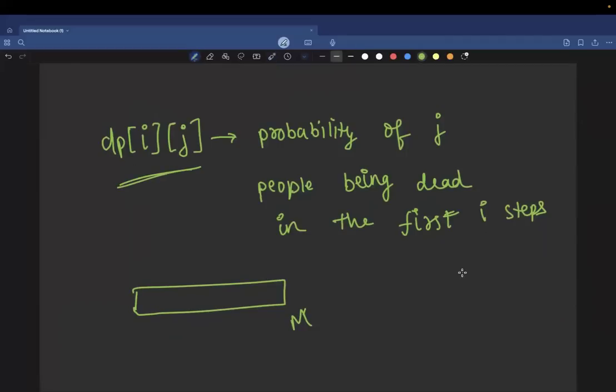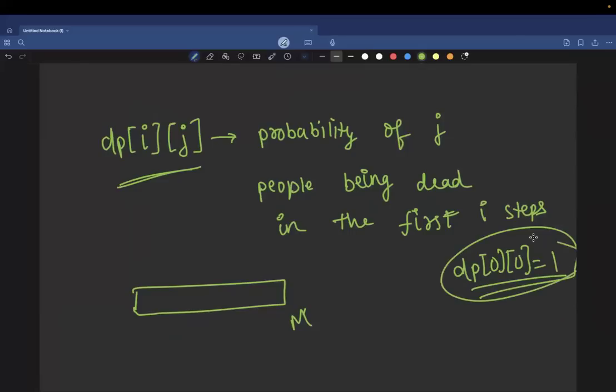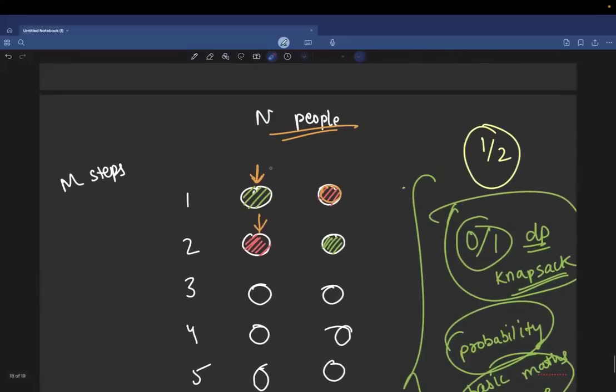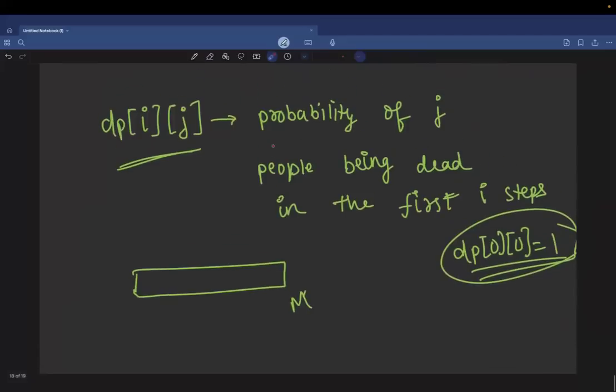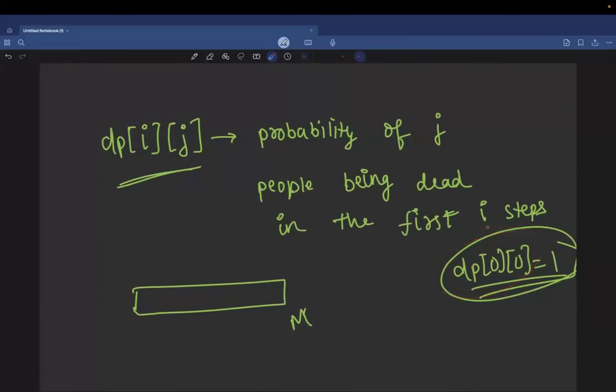So this can be a state. The base case would obviously be dp of 0 comma 0 equal to 1. The probability of nobody being dead for the first 0 steps, when nobody has made any moves till now, everyone is alive, so nobody is dead. So dp00 should be equal to 1.